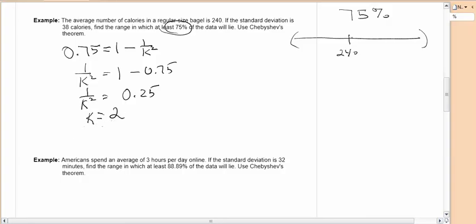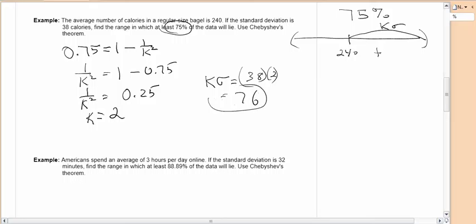We know that the distance from here to here is k times sigma, right? So, k times sigma is equal to 38 times 2, and 38 times 2 is 76. So k times sigma is 76.